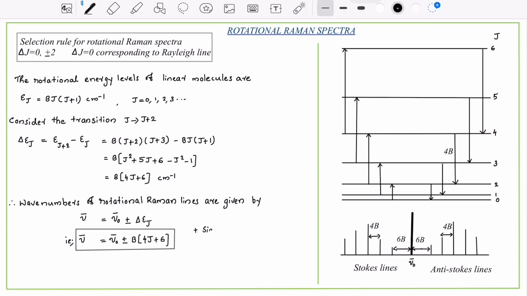Here the plus sign refers to anti-Stokes lines and the minus sign refers to Stokes lines.